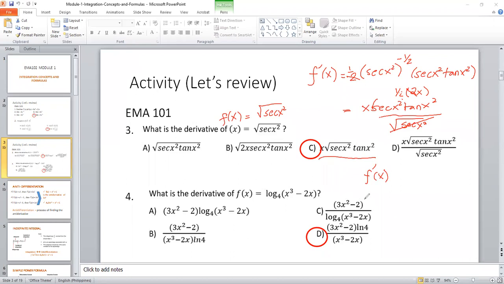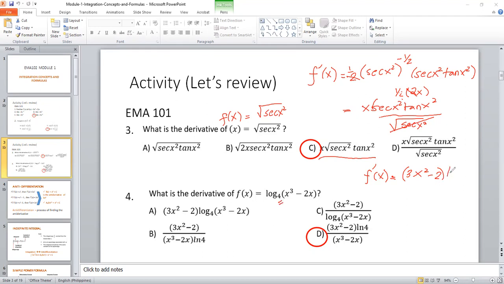Now, the derivative of a log function is the derivative of its argument first. So what is the argument? This one, log of u to the base a, for example. So we get the derivative of the u, and that is 3x squared minus 2. That's as per formula. Then we multiply it to the ln of the given base. It's automatic.